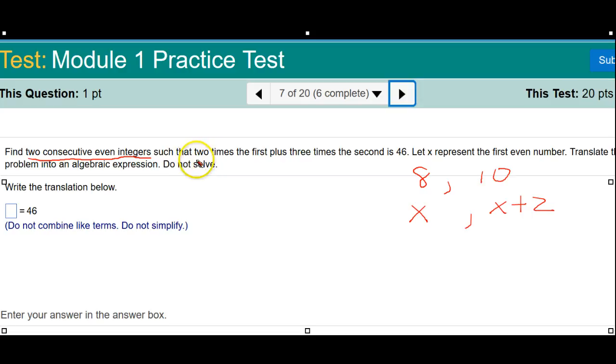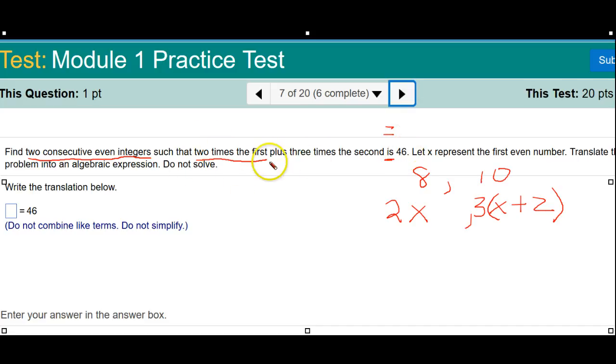And then they're saying such that 2 times the first, that would be 2x, and 3 times the second, and the key here is you have to put this in parentheses to be 3 times the second, translates to equal 46.